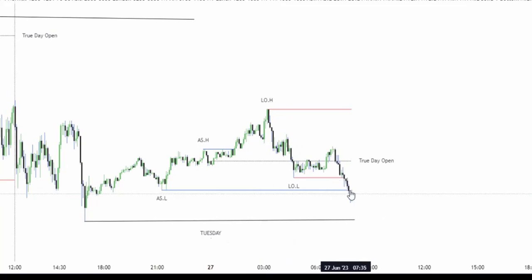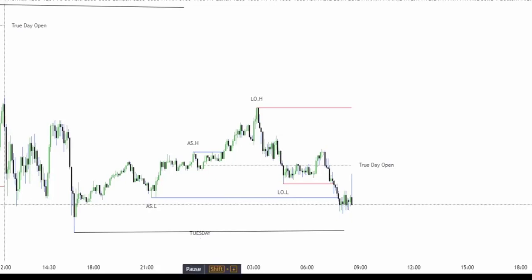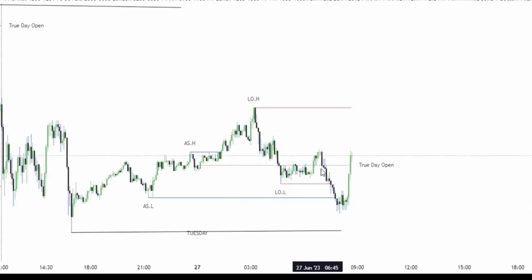Right now, like I said, you can also come down to this Asian session low to take it out, and that is what is happening right now. As you can see, after taking out the Asian session low, we had a displacement to the upside, taking out this high with the presence of a 5-minute fair value gap right here.